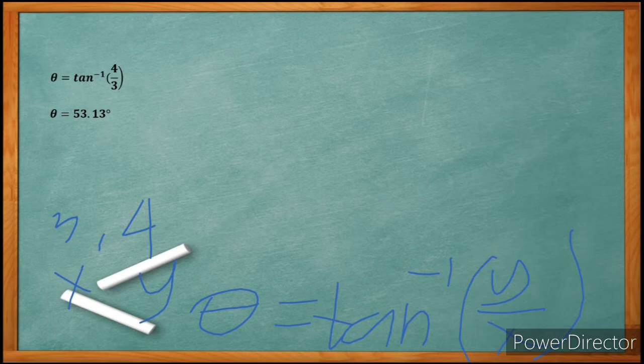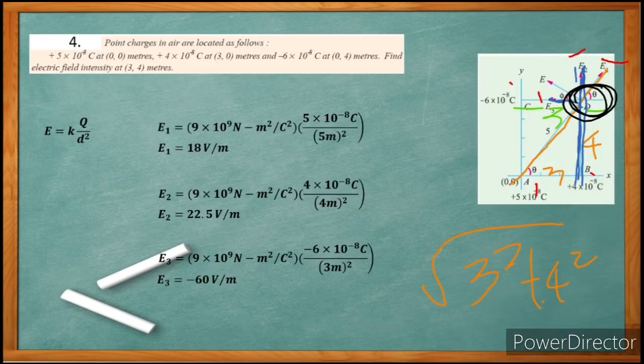And from that, let's find next the electric intensity of our x and y component using this formula. So the summation of electric intensity at x, go back to this one, in our x is the point charge at letter A, which is 5 times 10 raised to negative 8, so it is 18 volt per meter.